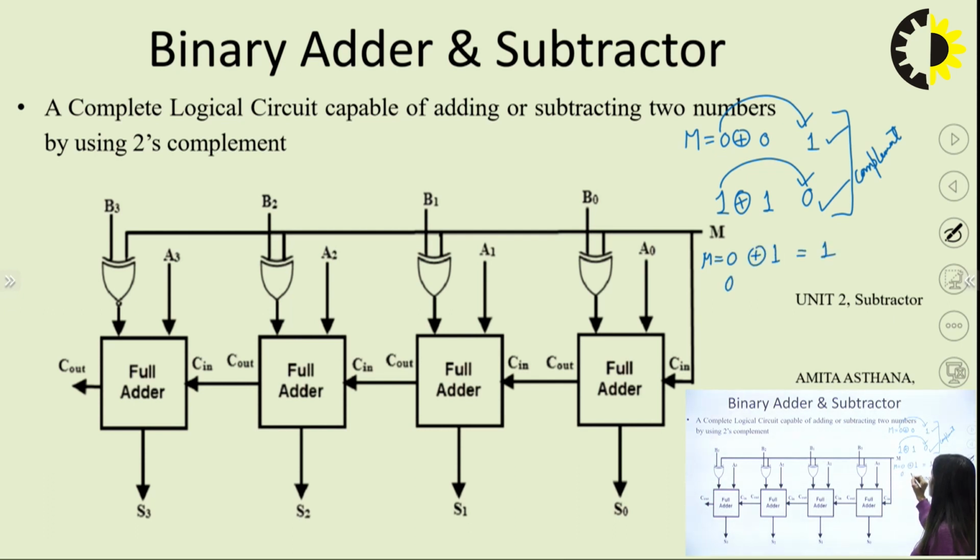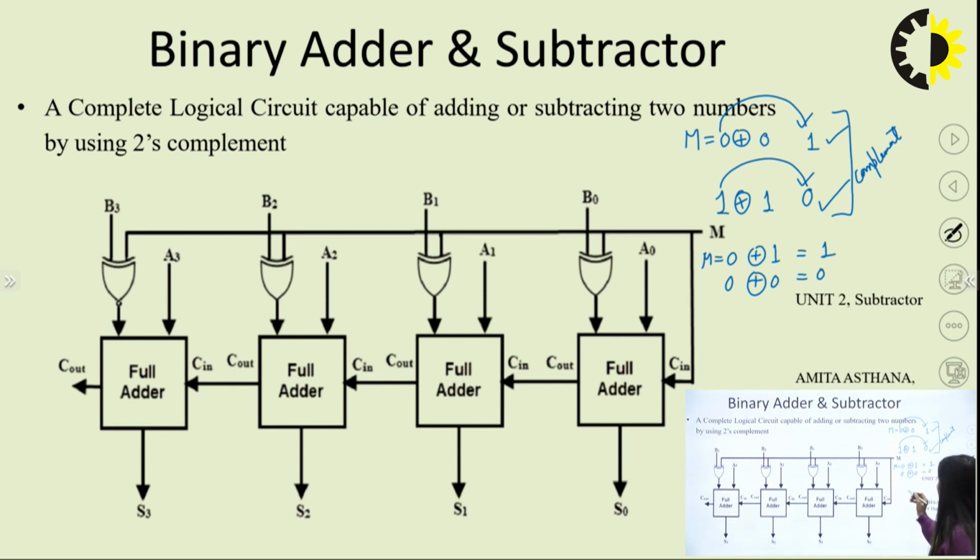If my m is equal to 0, XOR of 0 is equal to 0. XOR of 1 is coming out to be 1, and 0 XOR with 0 is equal to 0.